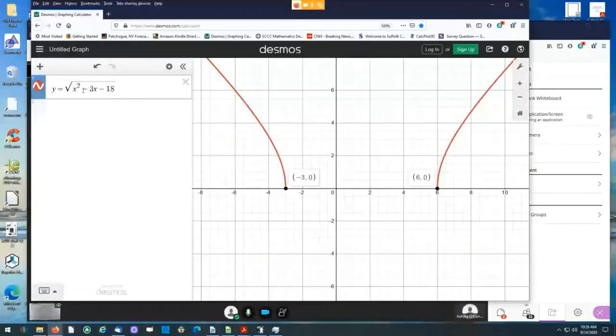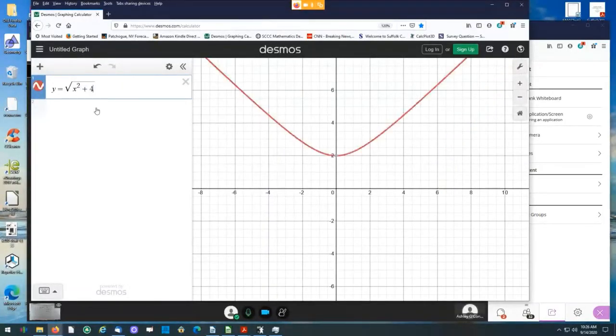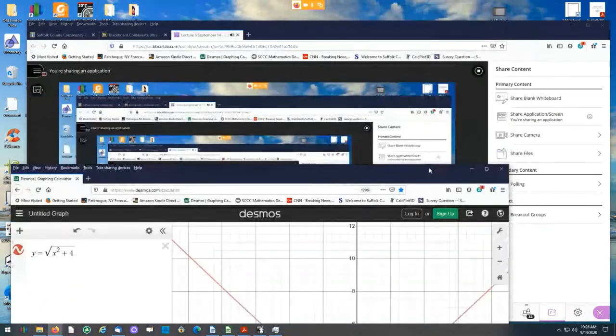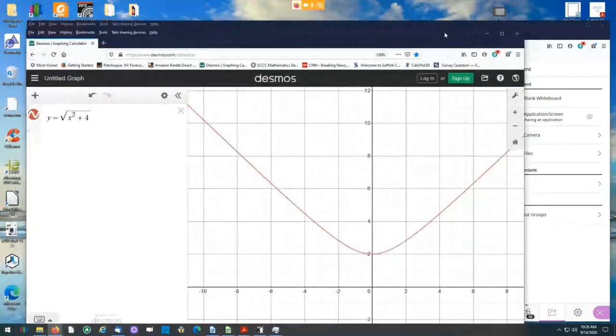So I'm going to get rid of this and put in x squared plus 4. Look what we have over here. My domain, I can put in any x value. Any x value down here will give me a y value. The range is the y values.